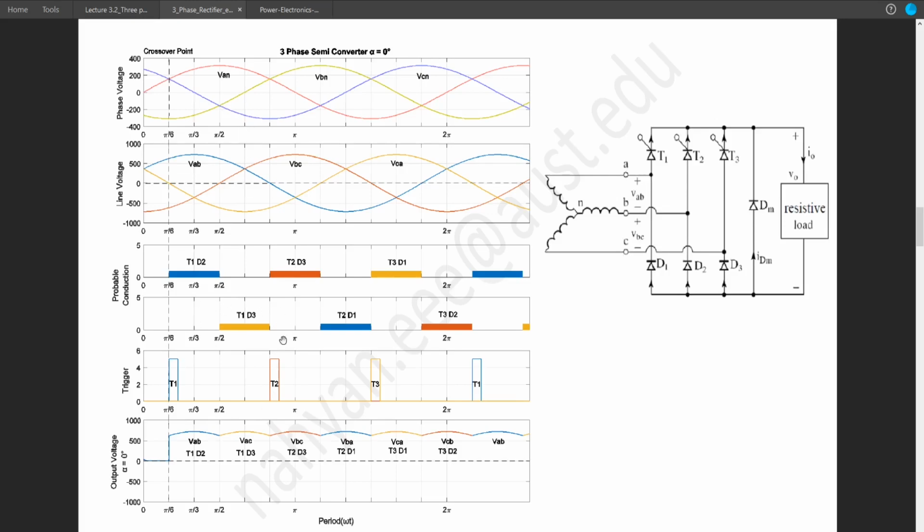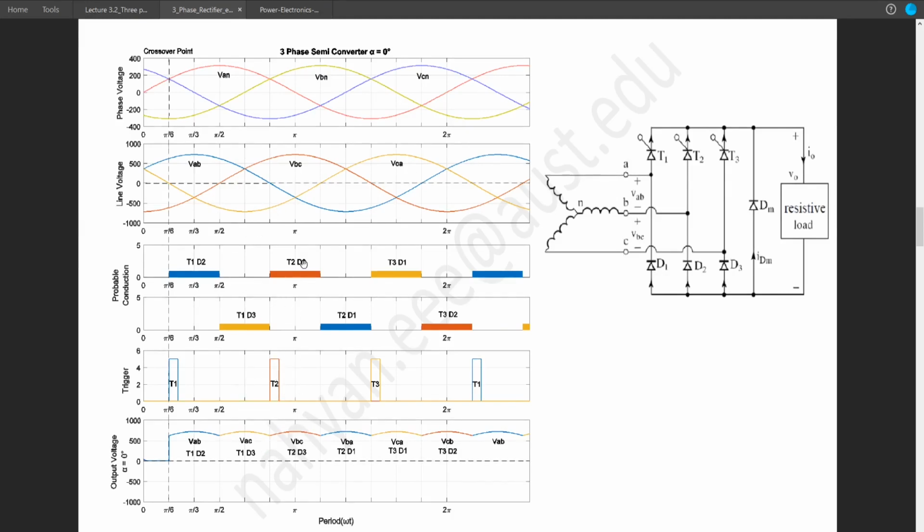So with T1 and D3 on, we will get the voltage VA and VC, so VAC. This portion of the output wave will contain the waveform of VAC. Since VAC is nothing but the flipped version of VCA, this VAC waveform will be positive as opposed to this negative VCA.